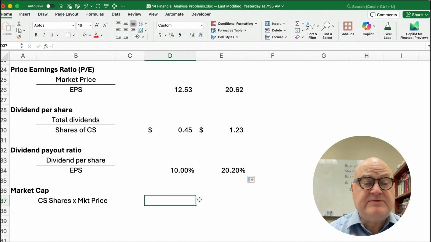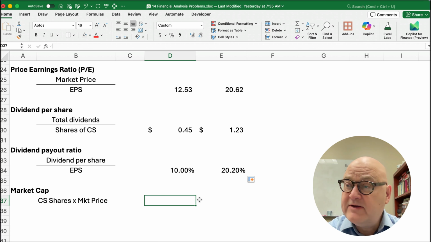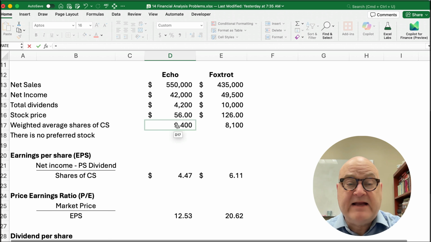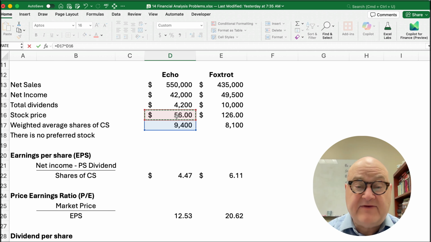The last one is market cap. Market cap is the essential market value of the company. We call it market capitalization, but that's such a long word that people just call it market cap. What is the total value of the company? It's the number of shares, 9,400, times the market price of $56.